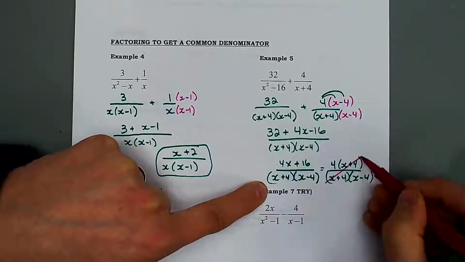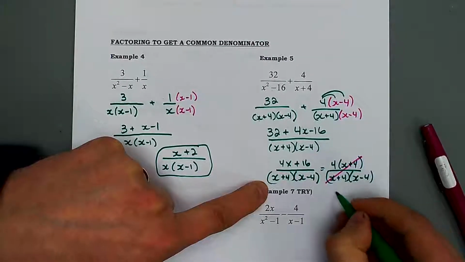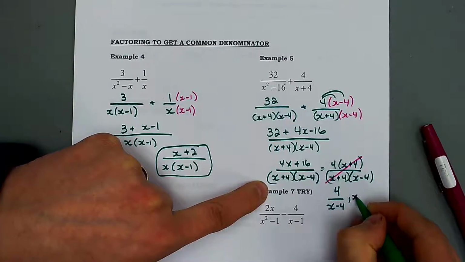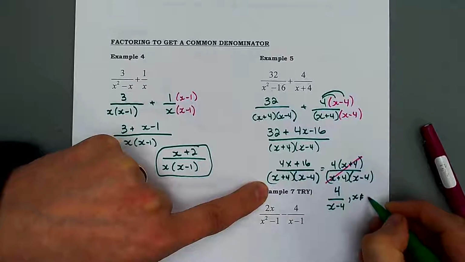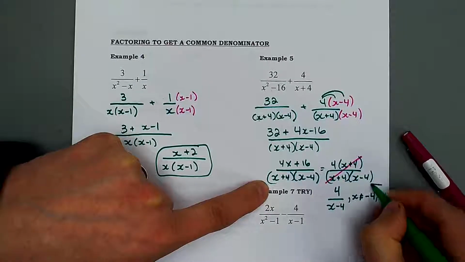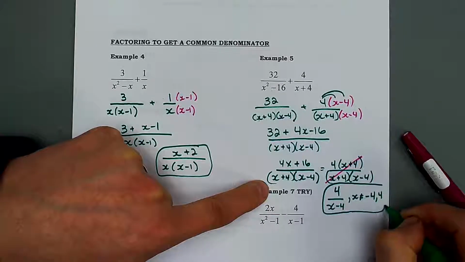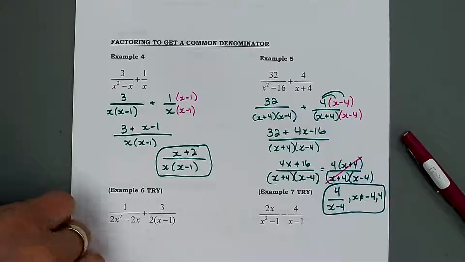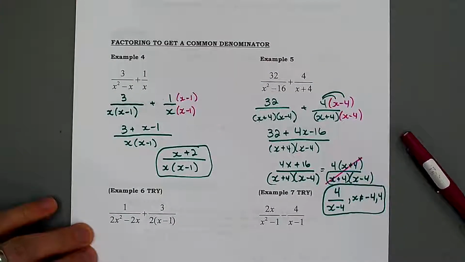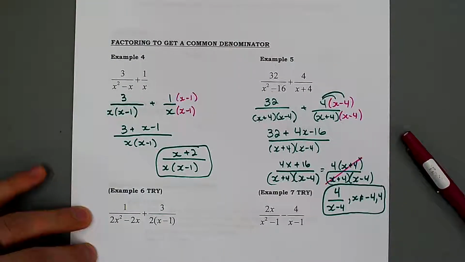Hey, those x plus 4s actually could cancel. This is even simpler. 4 divided by an x minus 4, and then I do get to state some restrictions that x cannot be a negative 4, and I'll throw in a positive 4 for the other one. But this could actually be a bit of a simplifying question as well. Not as common when that happens, but it's very, very possible, especially considering we've already seen it.